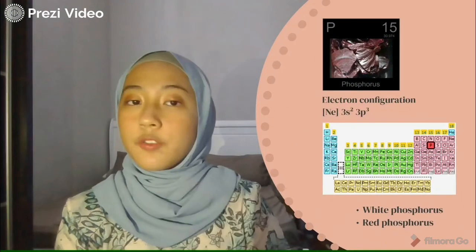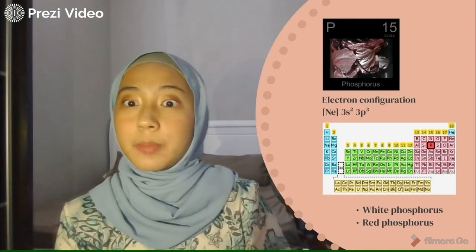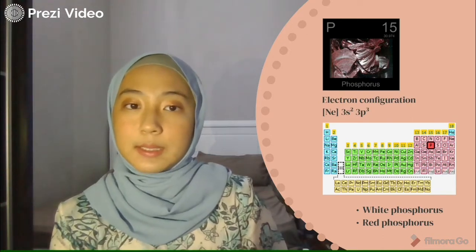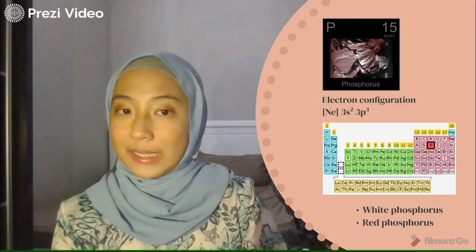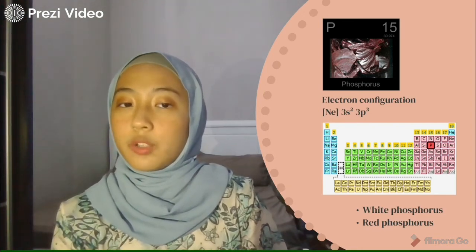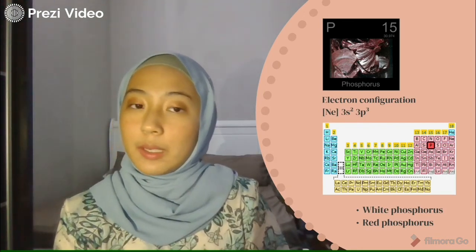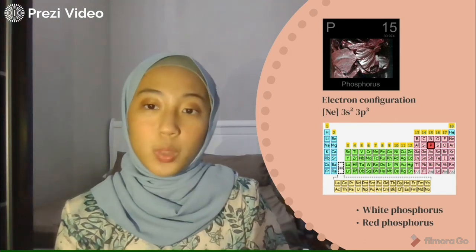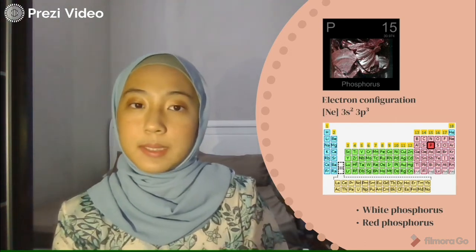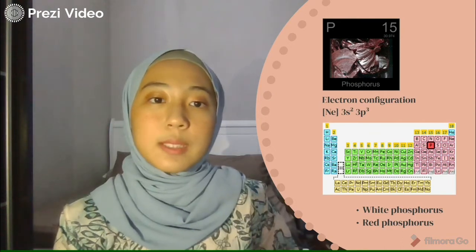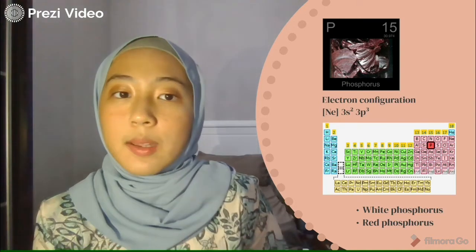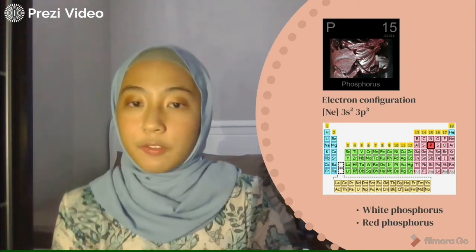So, phosphorus, also known with the symbol of P in a periodic table, has an atomic number of 15. Its electronic configuration would be neon, Ne3s2 3p2, and its atomic mass is, I don't know if you can see it here, 30.974.